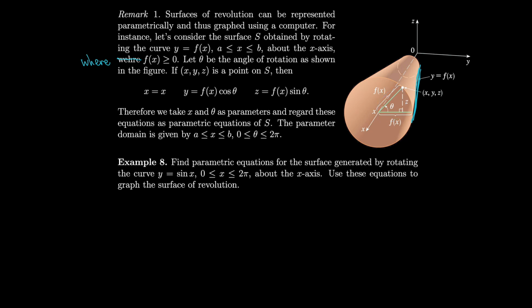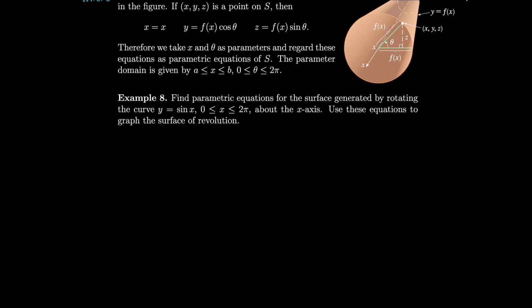And y is f of x cosine theta, because y is our adjacent side. So we get x equals x, y equals f of x cosine theta, and z is f of x sine theta. So we take x and theta as our parameters, and these are our parametric equations for S. So our domain is given by x going between a and b. That tells you how long we have our rotation going for, and theta going between 0 and 2 pi, how much we want to rotate for our surface of revolution.